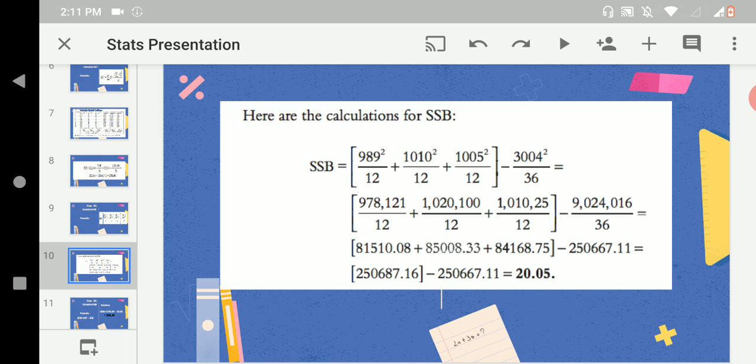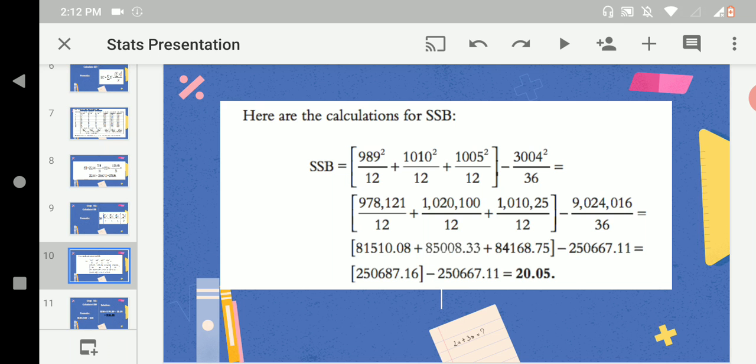So 989 is being squared. 989 squared is 978,121. Next, 1010 is also being squared. 1010 squared is 1,020,100. And 1005 squared is 1,010,025.